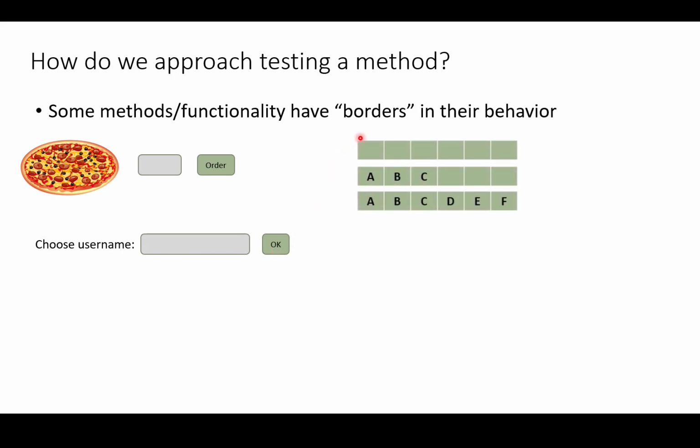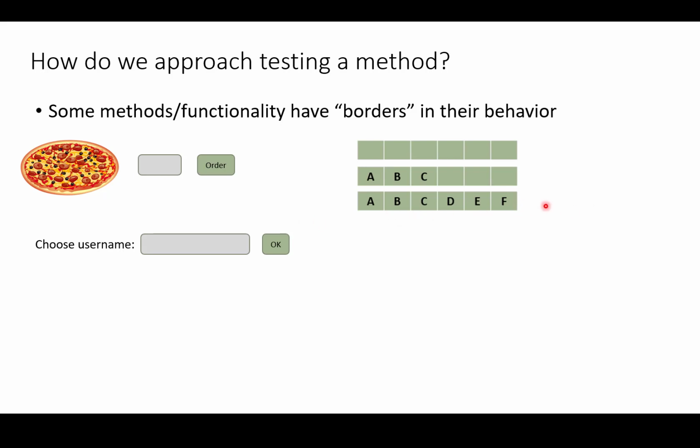You know about the array list. There's a border when it's empty, meaning that some of the methods behave differently when it's empty. Most of the methods behave normally when it's partly full, and then something that you may not know, but the array list can be full, and when it is full and you add another element, something extra will happen.